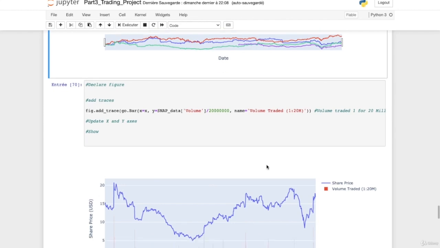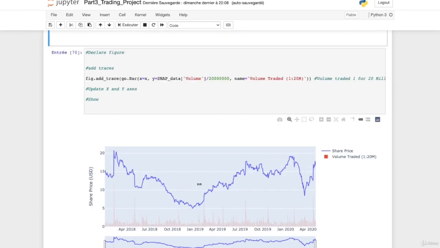The second graph that I'm going to ask you to trace will be the following one, which means a graph on which you will have the evolution of the share price for Snap and the volume on the same graph.